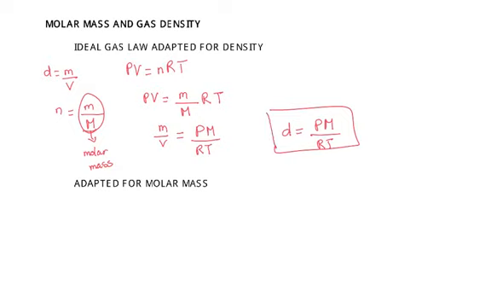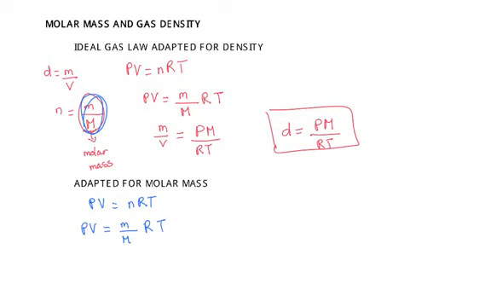Or what if I wanted to solve for the molar mass? Well, I can do that too. So let's look again at PV equals nRT. Again, I'm going to substitute mass over molar mass for n. So this part right here for n. And so now if I solve for the molar mass, then I would move it here and I'd move PV over to the other side.